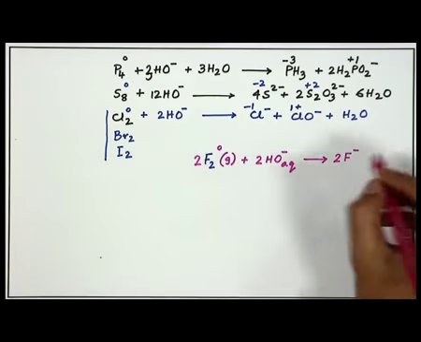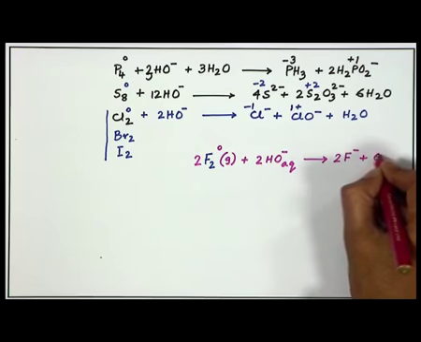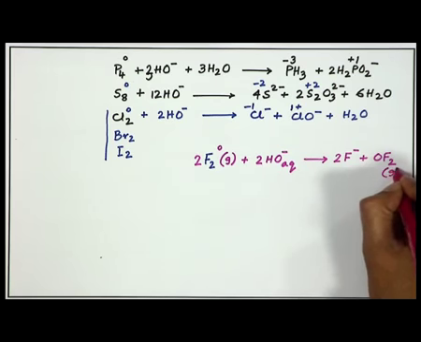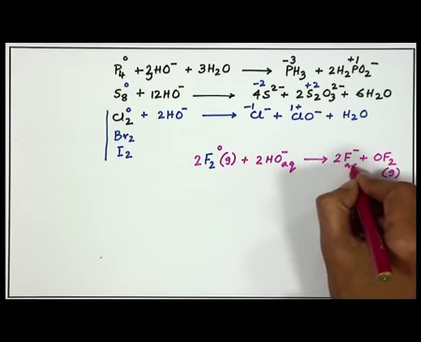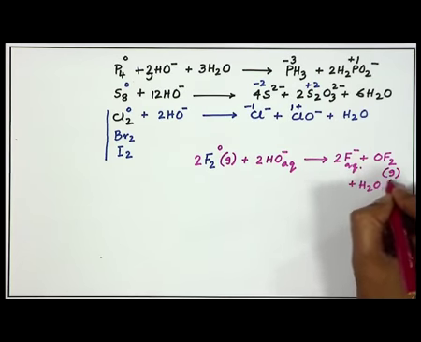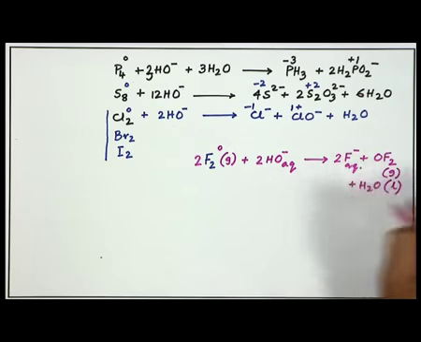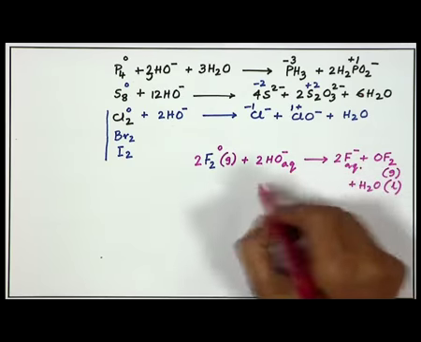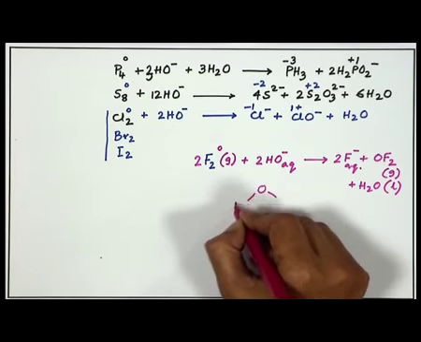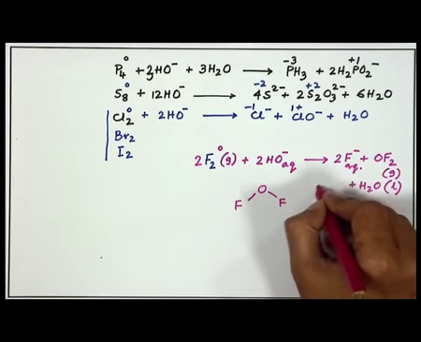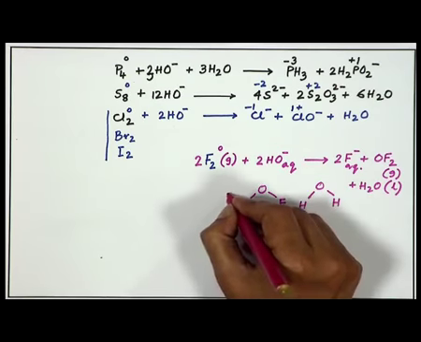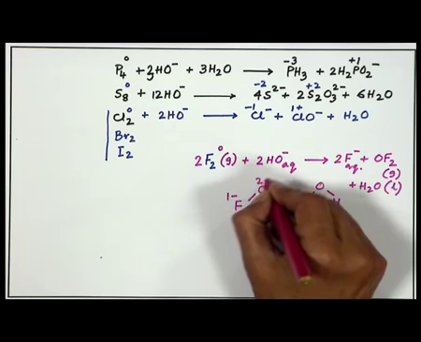So, this is twice F2, and this is the unique species we have discussed earlier, which is a gas also. So, this fluoride will be in the aqueous medium plus H2O. So, this is a typical reaction where the fluorine will react in a different form, and this OF2, already we have discussed, that you have the F and F like that of our OHH. So, this species will be forming. So, this is 1 minus, this is 1 minus, this is 2 plus.